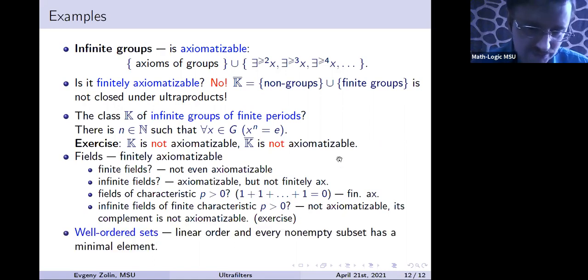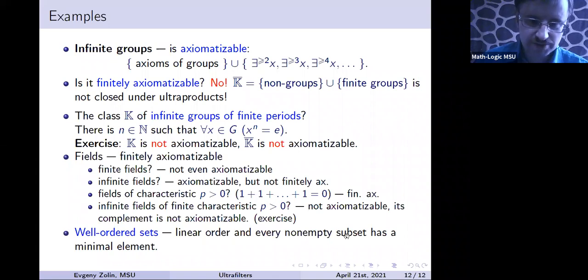And there are, of course, examples in very different fields. For example, well-ordered sets. What is a well-ordered set? It is a linearly ordered set such that every non-empty subset has a minimal element. This definition is not a first-order definition.